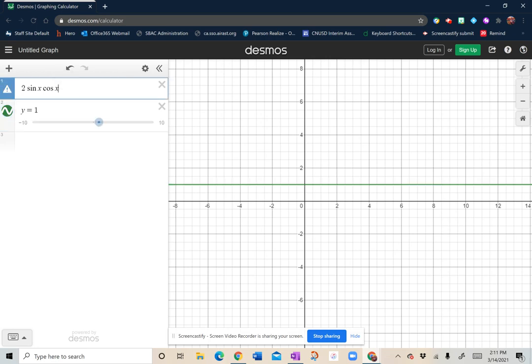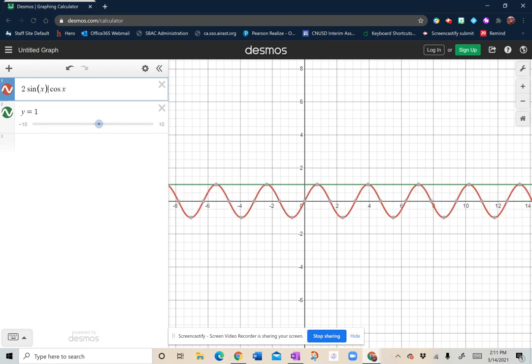Oh, and I forgot my parentheses. So when is the red below the green? We can be equal to it according to the formula, and that happens pretty much everywhere between 0 and 2 pi. So the red is always below the green.